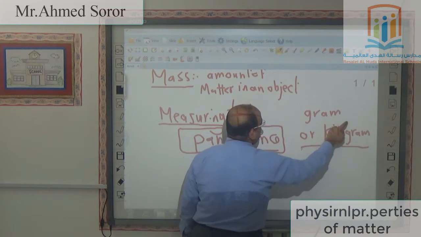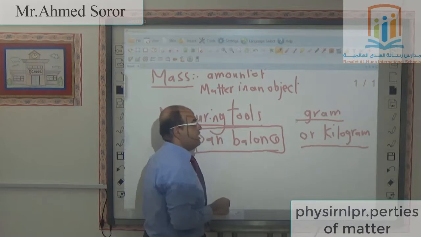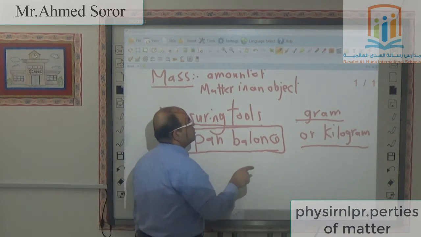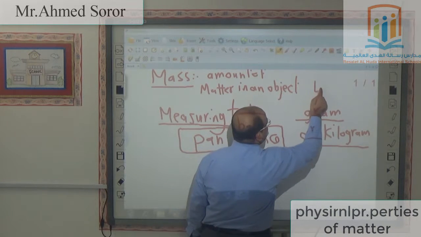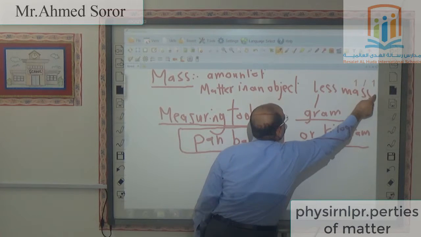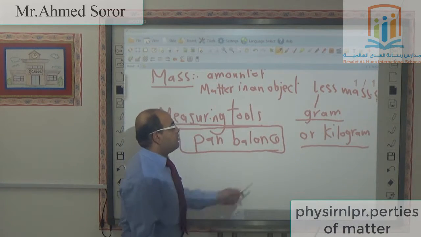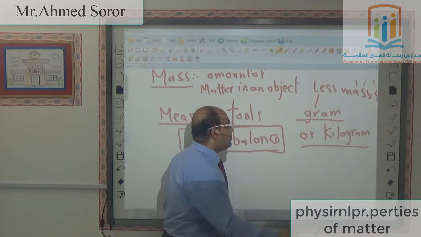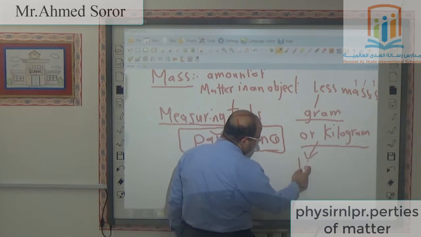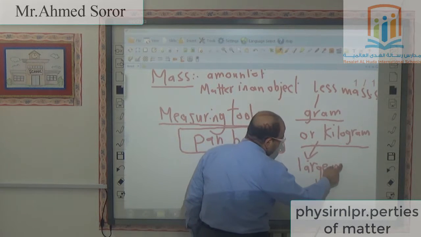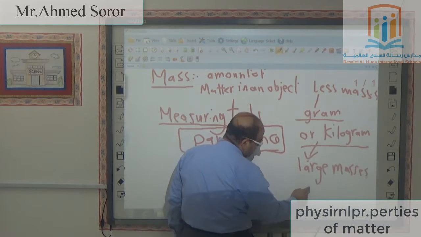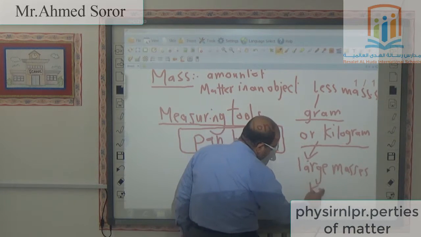Kilogram is a measuring unit for large, more massive masses, and the gram is used to measure smaller masses. Smaller masses are measured by gram, but larger masses are measured by kilogram.